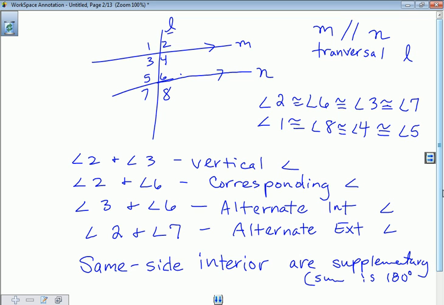Now the last thing is the same side interior angles. If we look at angles 4 and 6, they're on the same side of the transversal inside the parallel lines. Same side interior angles are supplementary. And what does supplementary mean? It adds up to 180.